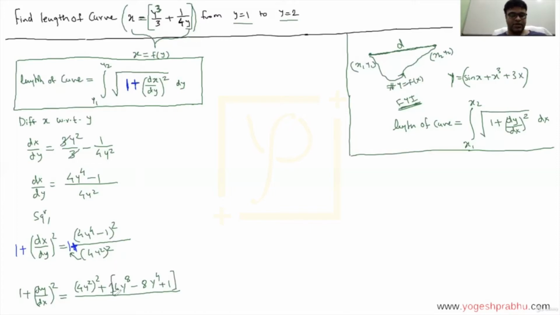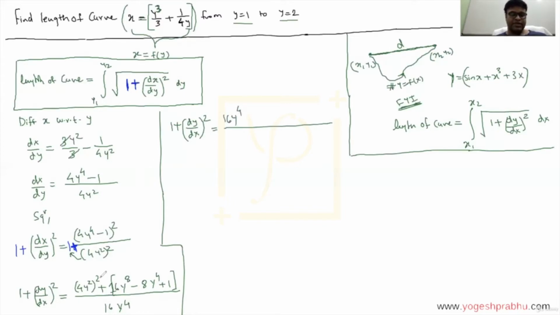So there is 1 here. And then this will be 16y raised to 4. Just be careful, a lot of calculations. So we just want to make sure that we get the right answer. So you get 1 plus dy by dx the whole square is equal to 16y raised to 4.